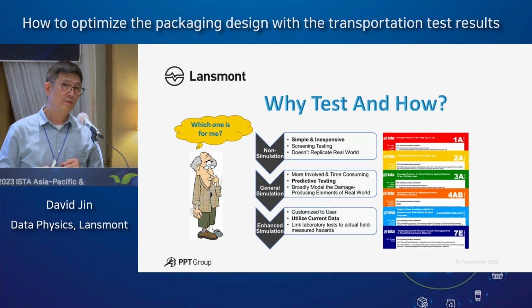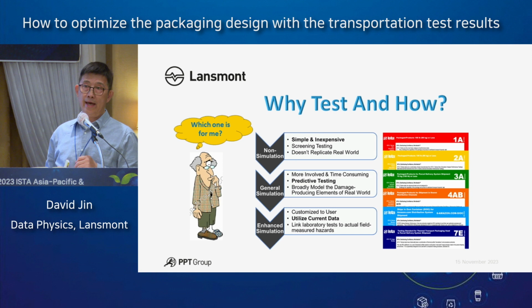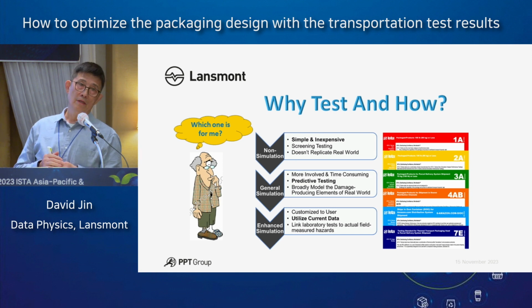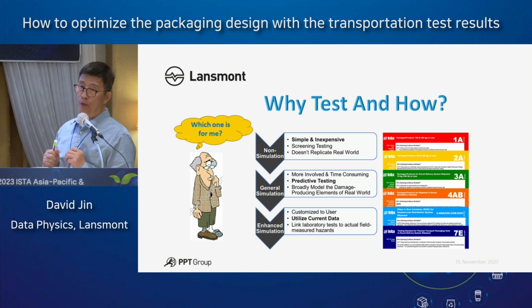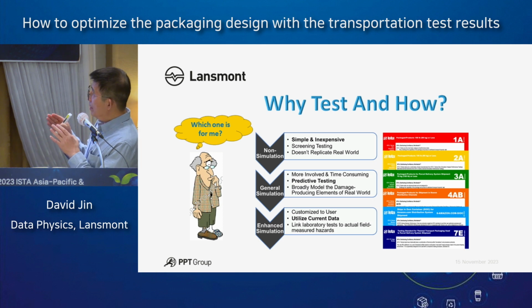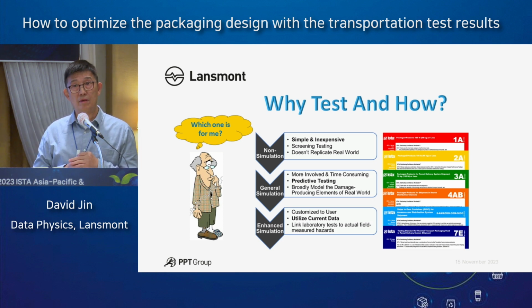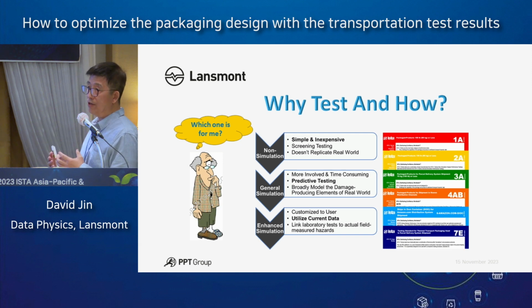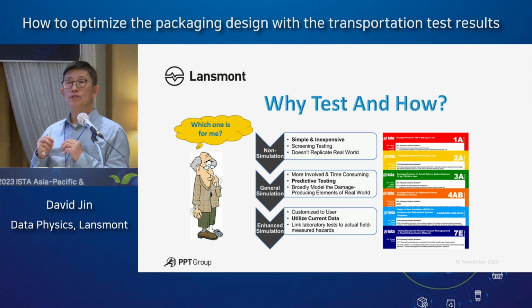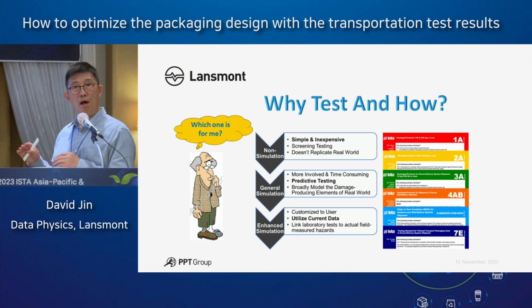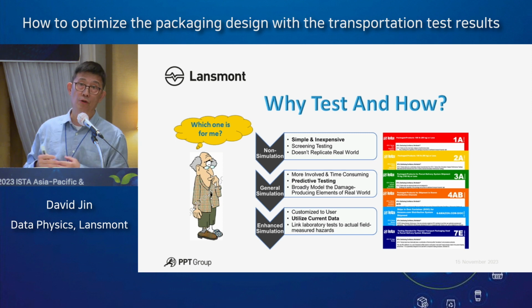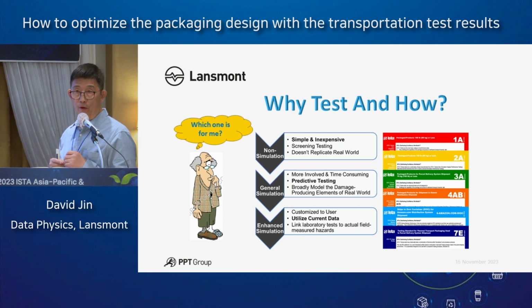First of all, we talk about ISTA testing. ISTA testing protocols have different levels, starting with what we call non-simulation. Some of you are testing your packaging with a mechanical shaker, with a fixed frequency, just bouncing on the shaker surface, to test the basic performance of protecting your product inside.